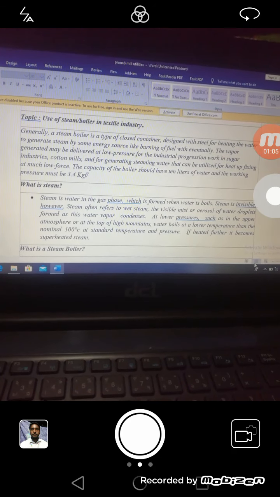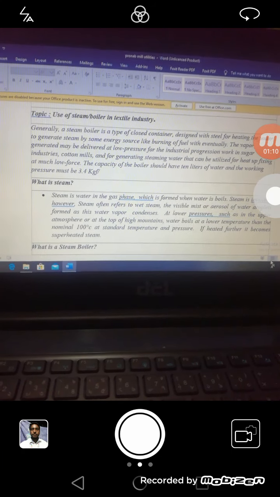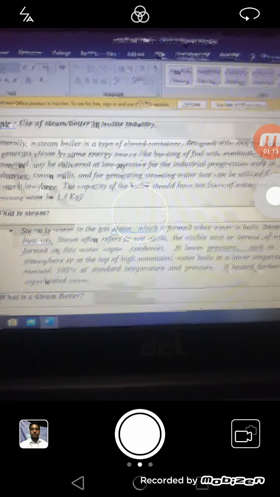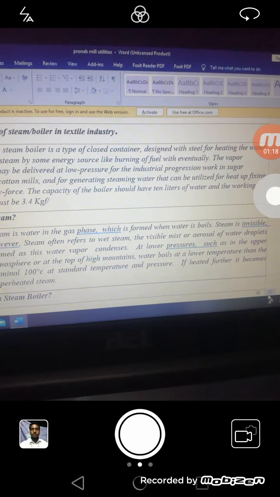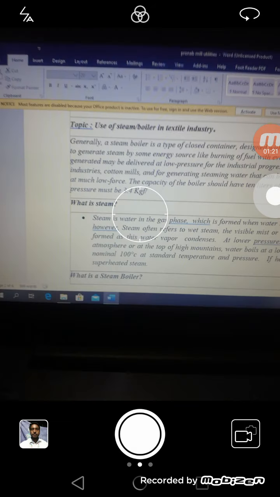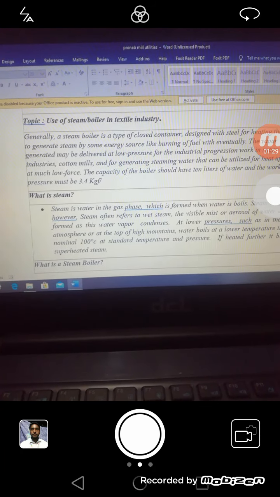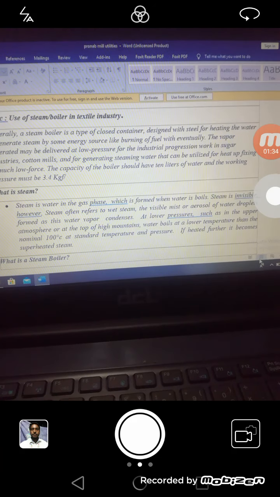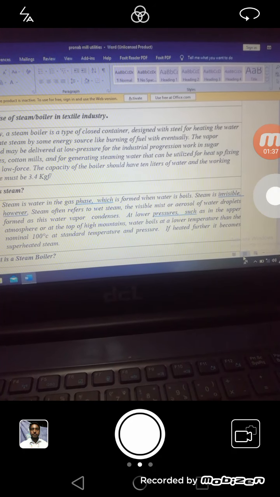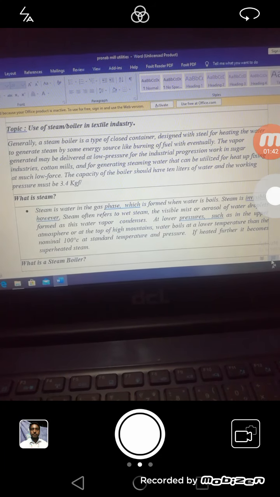The vapor generated may be derived at low pressure for industrial processing work in sugar industries, cotton mills, and for generating steam water that can be utilized for heat fixing at much low force.